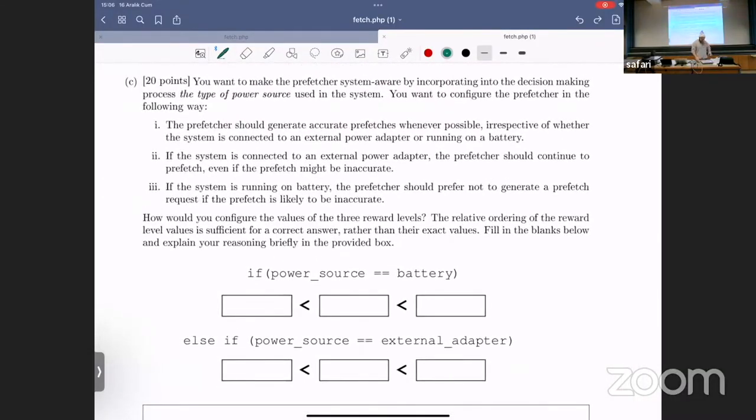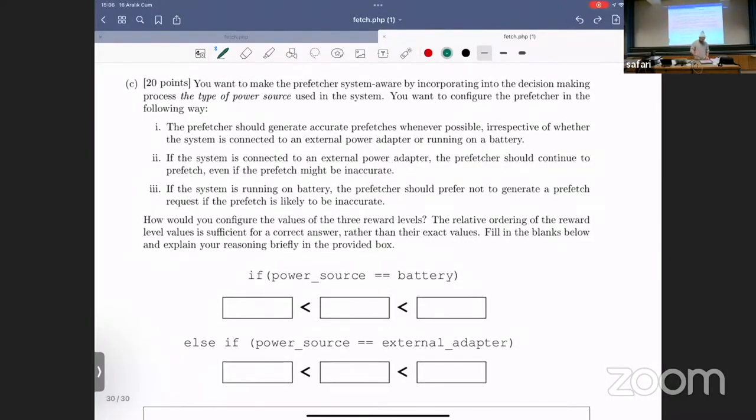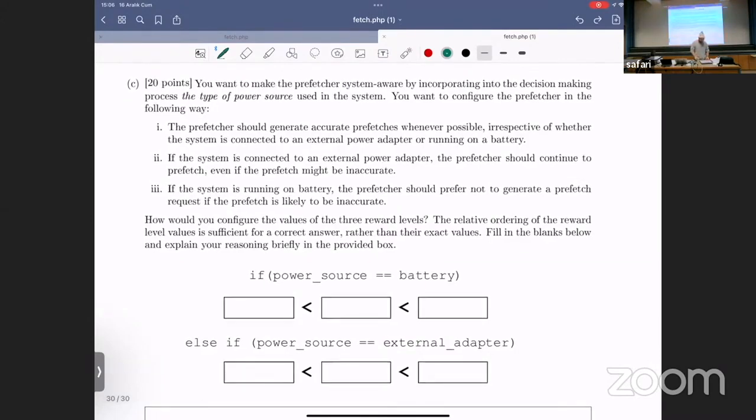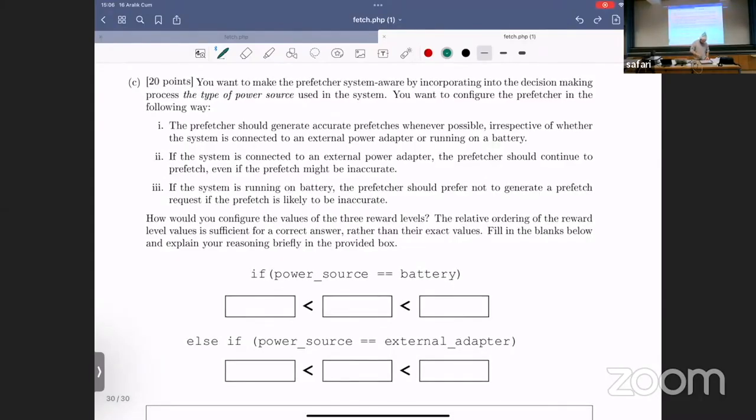And the last question, you want to make the prefetcher system aware by incorporating into the decision-making process the type of power source used in the system. And you want to configure the prefetcher in the following way. The prefetcher should generate accurate prefetches whenever possible, irrespective of whether the system is connected to an external power adapter or running on a battery.